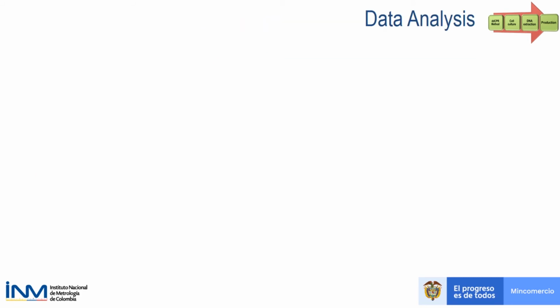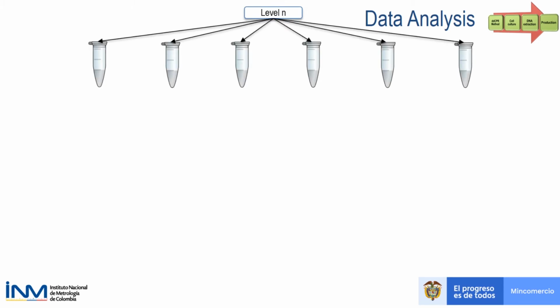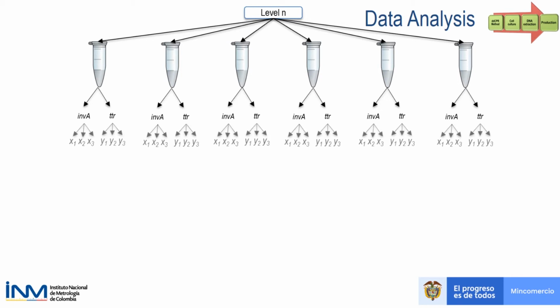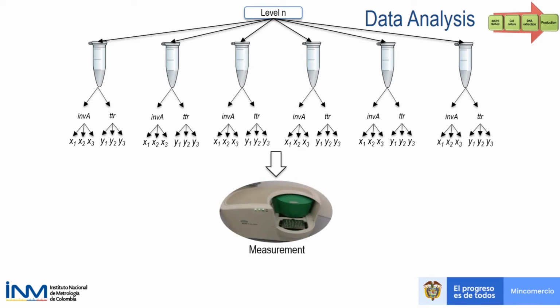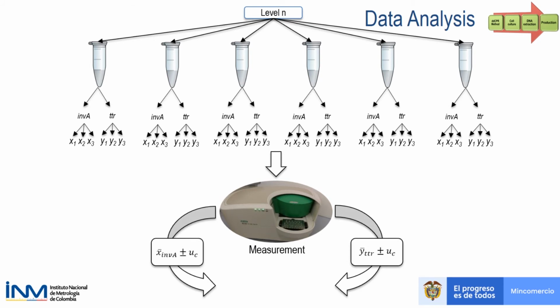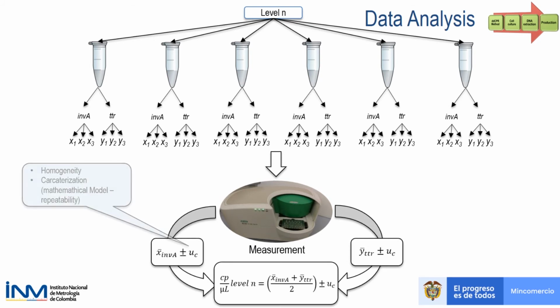The homogeneity study was performed as follows. From each concentration level, 6 samples were taken. They were measured in duplex form with INVA and TTR sequences 3 times. With the measurement results, the values and combined uncertainty for INVA and TTR were obtained. Using these values, the concentration reference value for each level as well as its uncertainty were obtained.